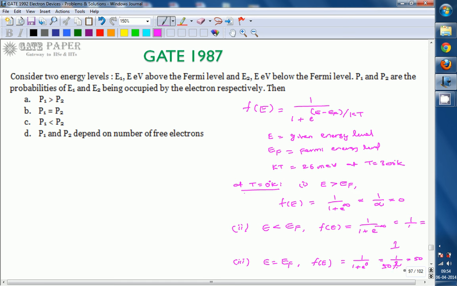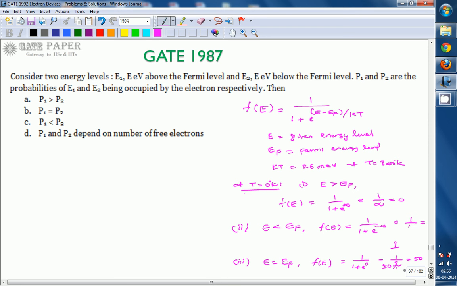That's why the Fermi level is defined as the energy level at which the probability of occupancy by the electron is 50%. We cannot say whether it is occupied by the electron or not. If it is above the Fermi level, definitely it will not be occupied. If it is below the Fermi level, it is occupied. If it is exactly the Fermi energy level, we cannot say.